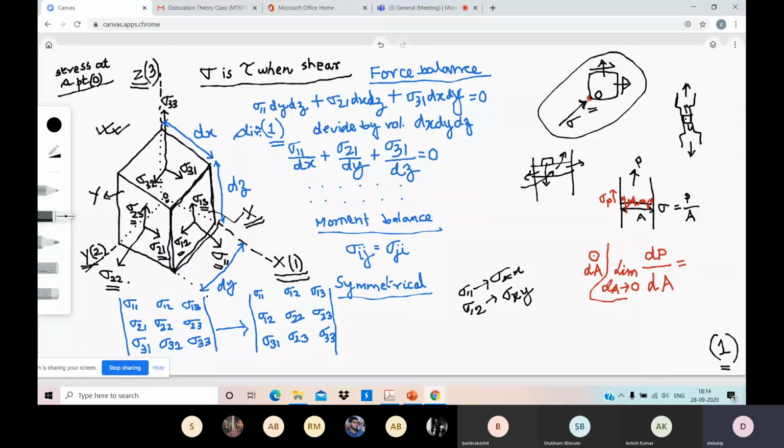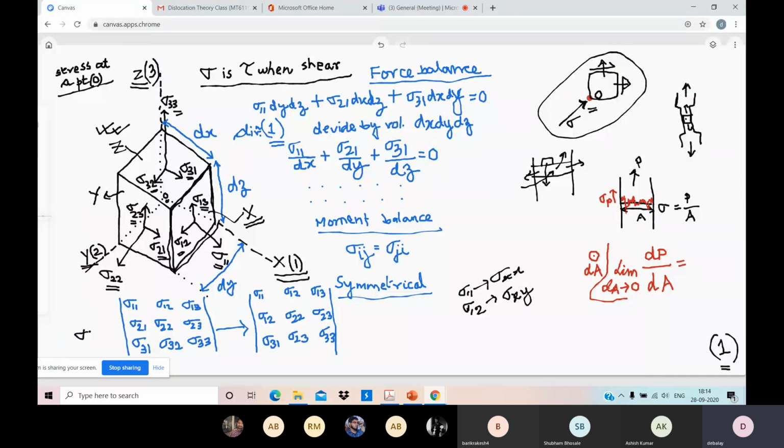So here, this is plane number Z or plane number 3. And on that, the normal stress is sigma 3 3 and the shear stresses are sigma 3 1 acting along direction 1 and also sigma 3 2 acting along direction 2.